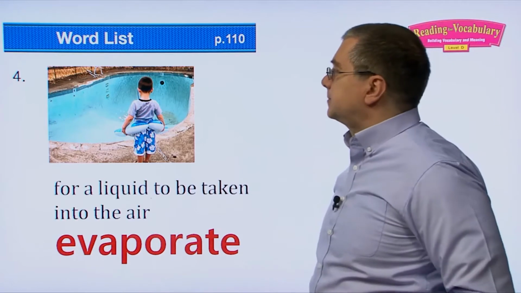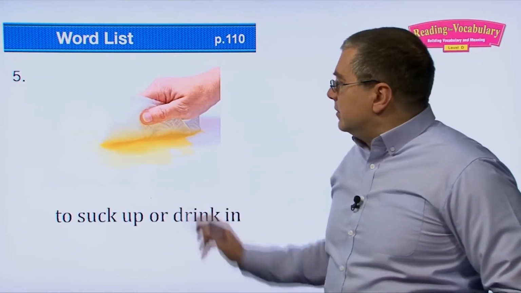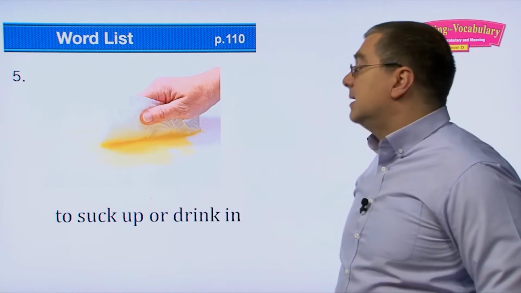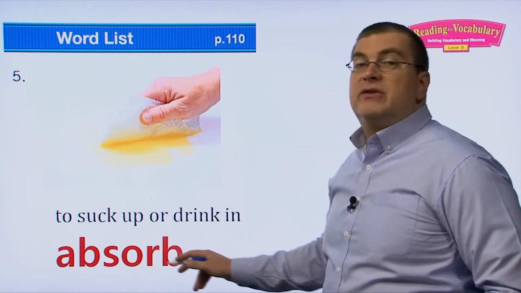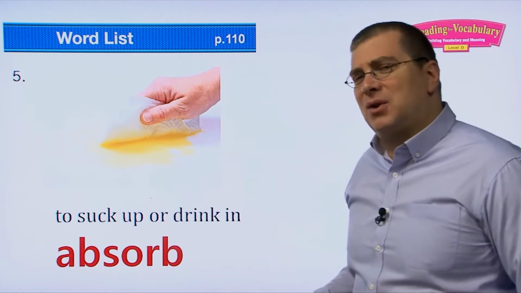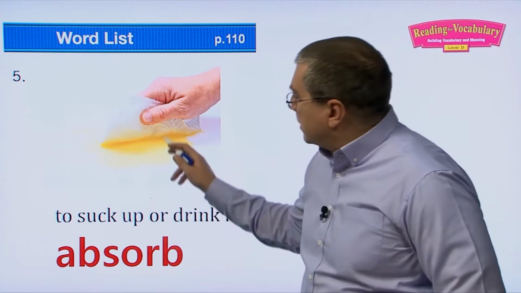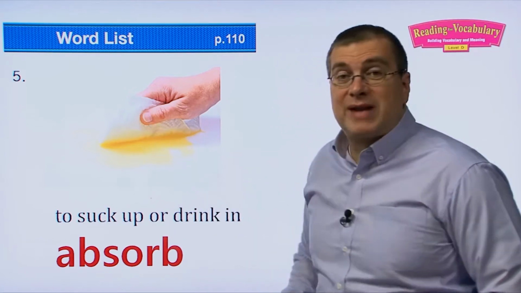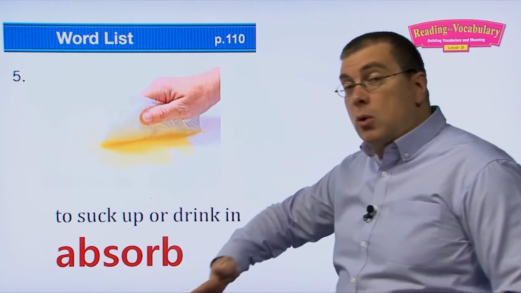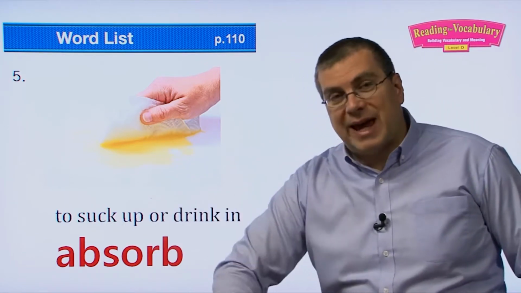Okay, next one. 5, to suck up or drink in. To suck up or drink in is to absorb. Absorb. Okay, we're doing some a little bit difficult words in this lesson, right? Now, of course, if you spill something, you can use a paper towel to absorb the liquid that you spilled on the table.